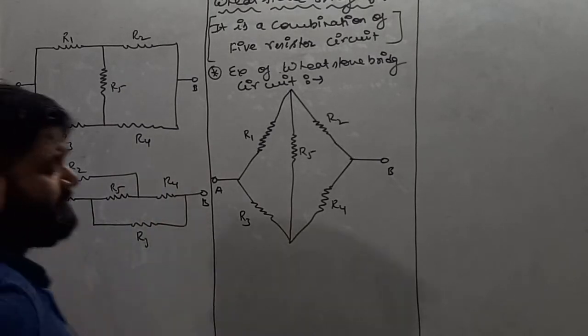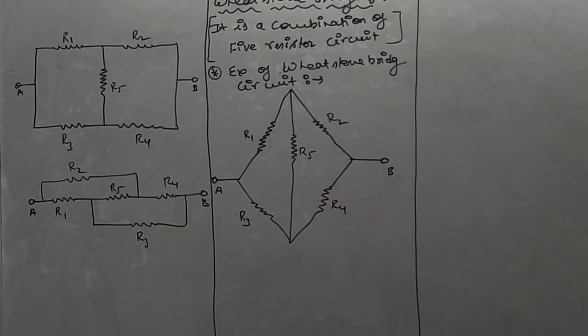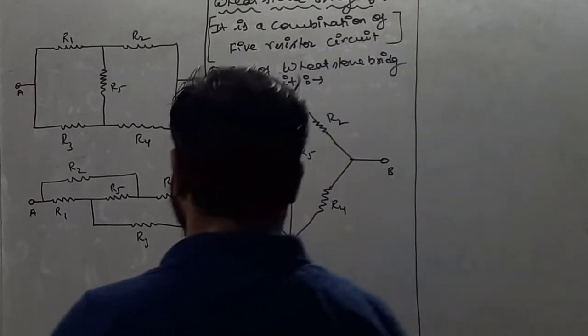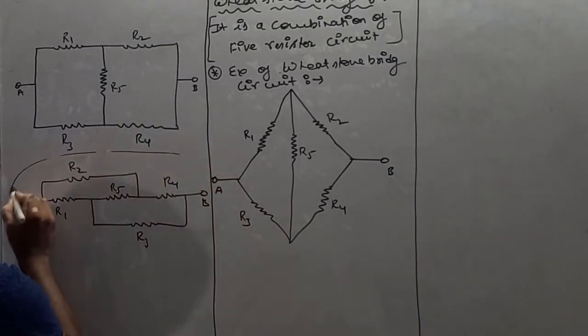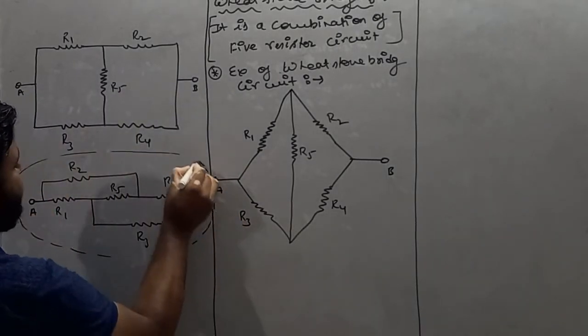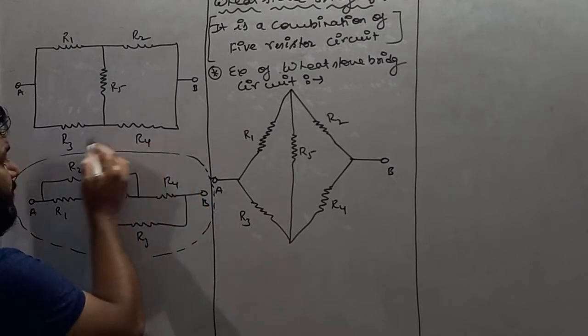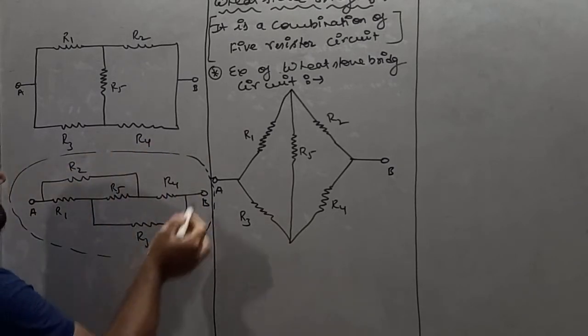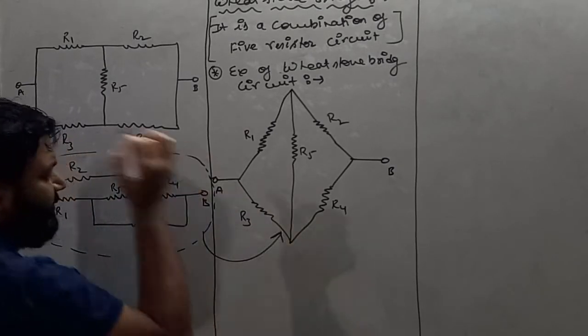So my dear student, a combination of 5 resistors is considered to be a Wheatstone bridge. Remember, the minimum number and maximum number of resistors must be 5. If 5 resistors are there, then we can consider the circuit to be a Wheatstone bridge. Now if the circuit looks like this, then you must break this circuit into this form.